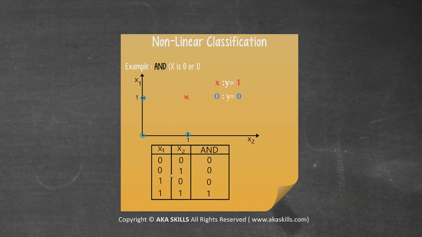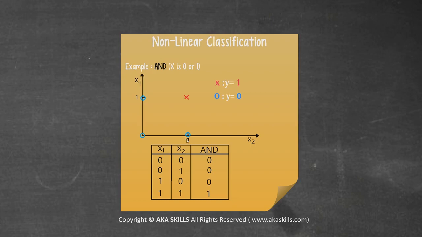What do I mean by that? It's a logical gate. So 0 and 0 is 0. 0 and 1 is 0. Why? I guess you already know programming: if you have false and true, that means false. That's some logic.